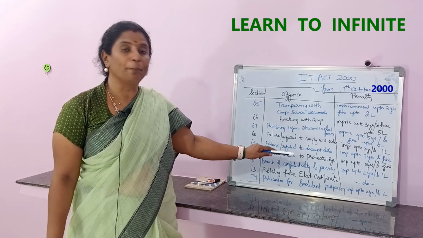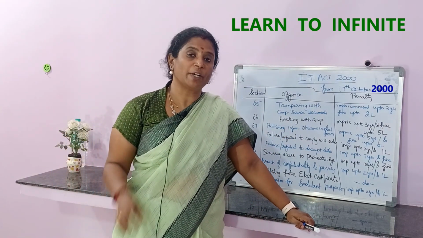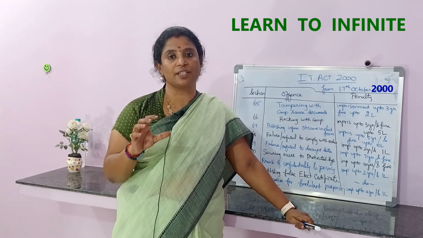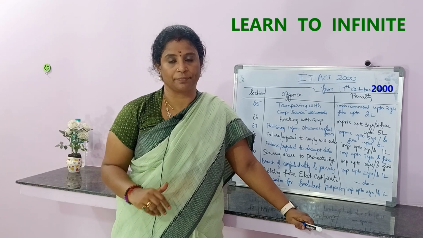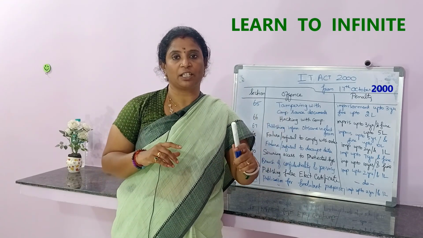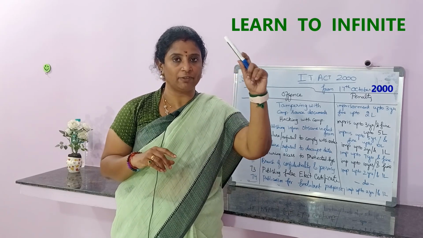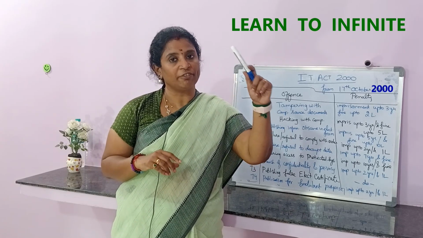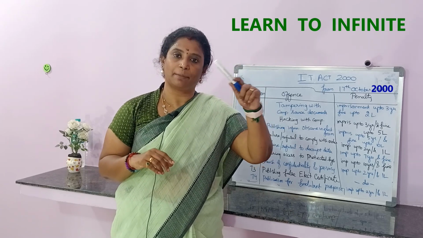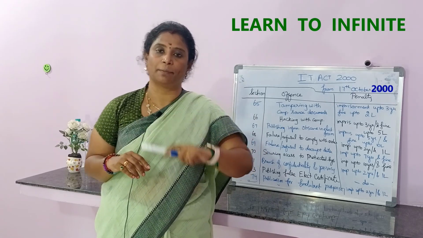Next is section 70: securing access to protected system. So what is a protected system? A protected system is a system which only authenticated users can enter. For example, in a company you have a team leader, a project leader and a programmer. The project leader is at the top of the hierarchy, so all the files can be accessed by the project leader, 75% of the files by the team leader, and 30% by the programmer.